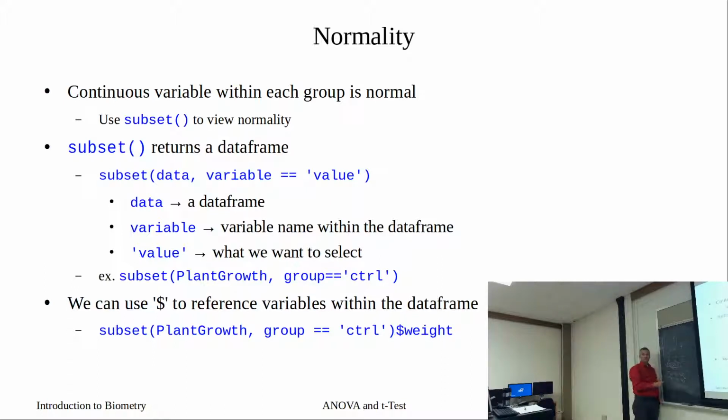It's just the way the math works out. Then this one is all of your B points minus your grand mean squared, times your data points. And all of your C's minus the grand mean squared, and so forth.